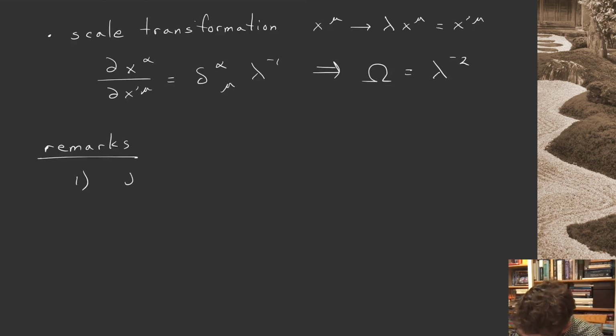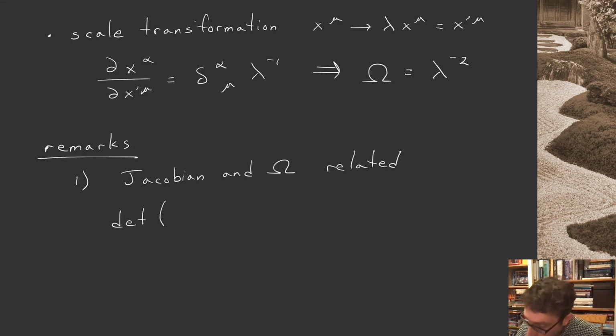First remark, the Jacobian of my transformation and the scaling factor omega are related. I can just take a determinant of both sides of this defining relation. I get the determinant of the coordinate transformation, that is the Jacobian, dx alpha dx prime mu.